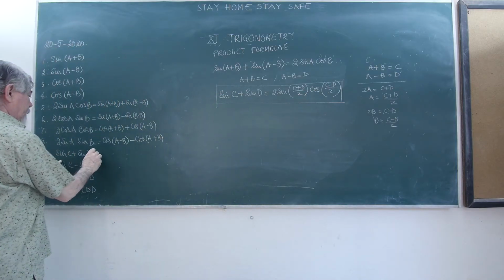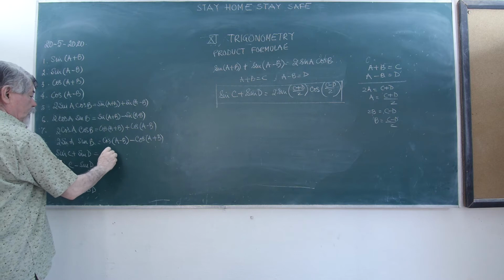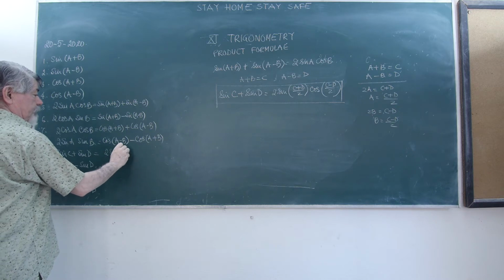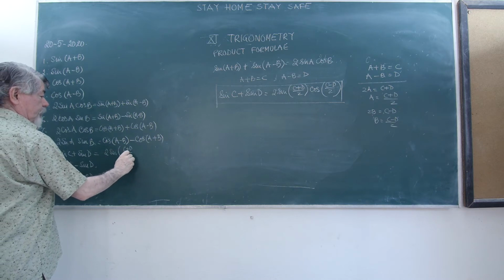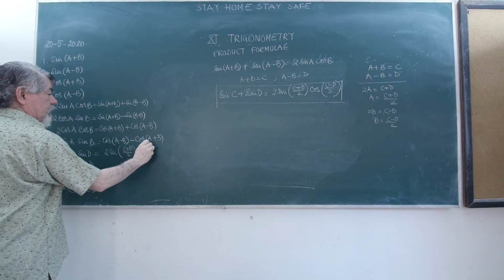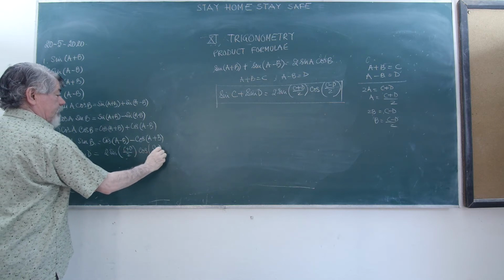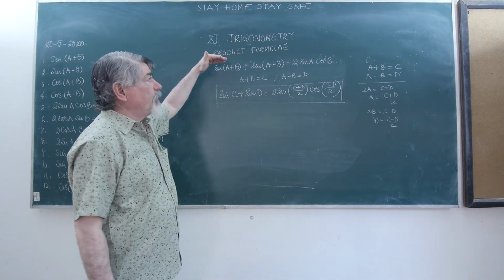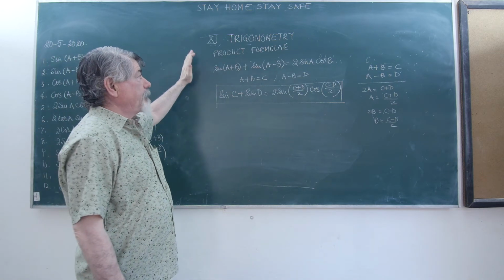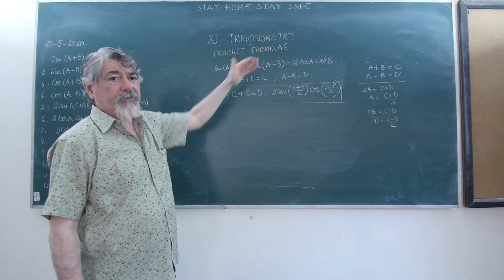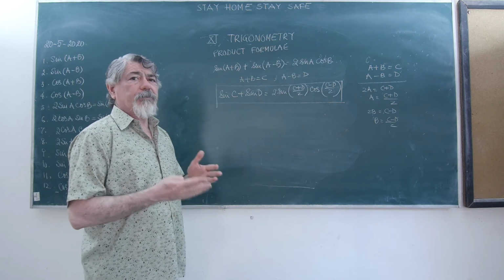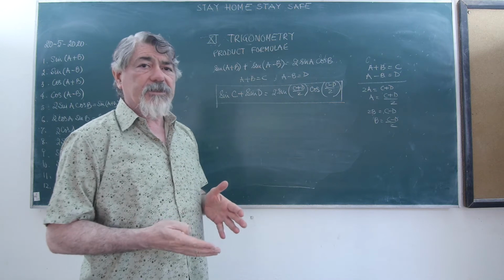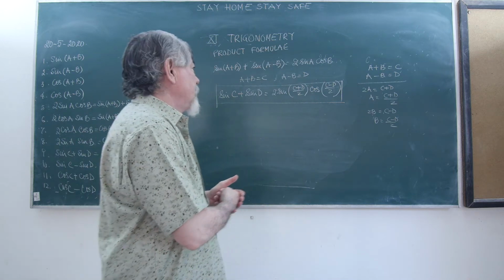We are getting the formulas from one only, sin A plus B, sin A minus B. But we are getting them in different forms because we will be applying these formulas to different situations.